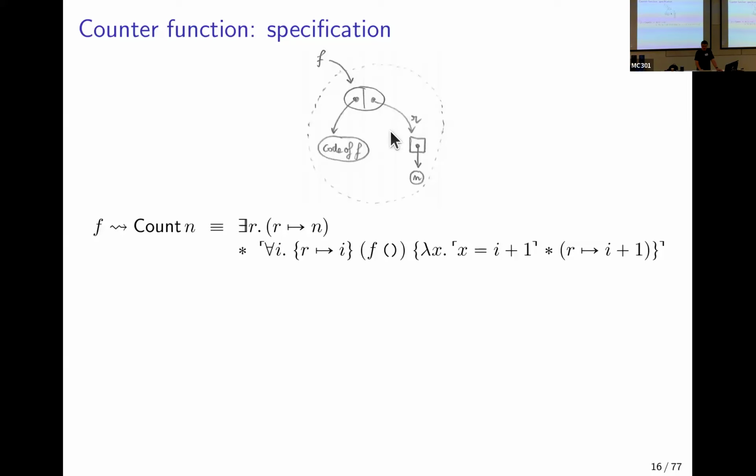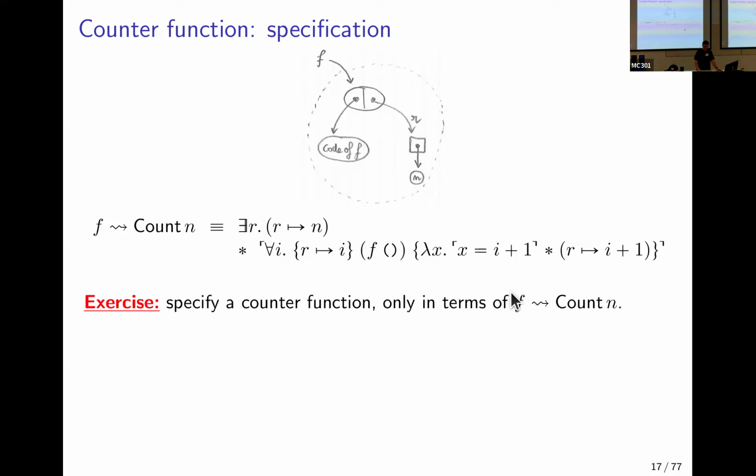And f can be specified in terms of r. So there exists r points to n, and some pure fact that contains a whole triple in which for every i, if r points to i, we apply f, r points to i plus 1, and it will return i plus 1.